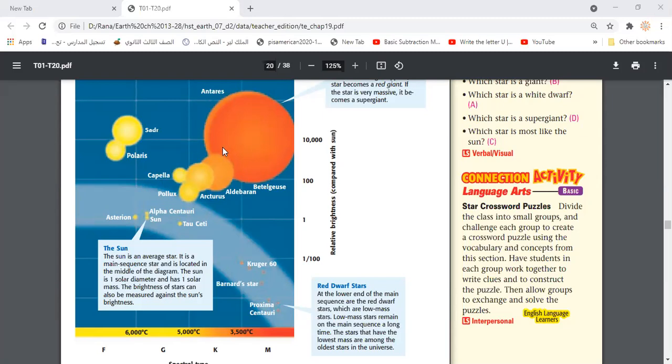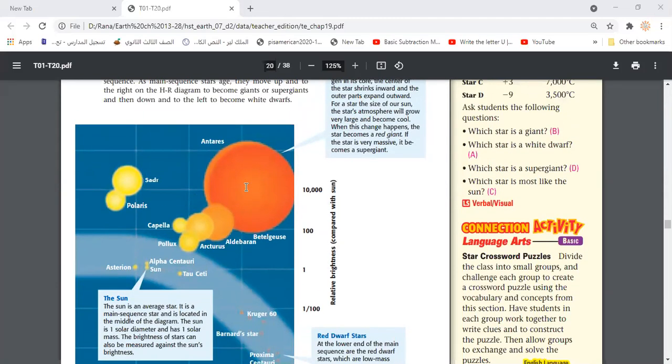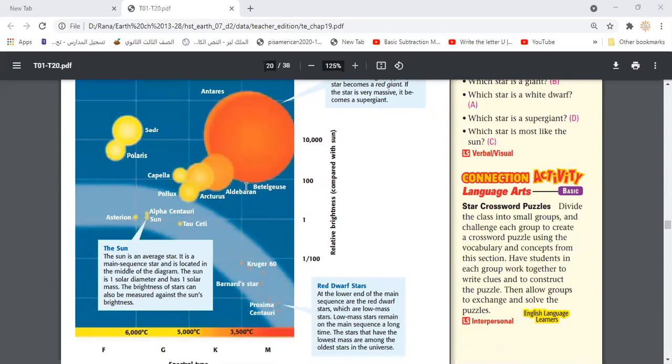Yep, good. Regarding their color and temperature, the temperature is low, so that means they start to turn red, according to the temperature sequence here. And their size, as you could observe, is big, so they could be a red giant or a super red giant star. So here, they are in the second stage. That means these stars start to lose the ability of the nuclear fusion reaction, and their temperature decreases.